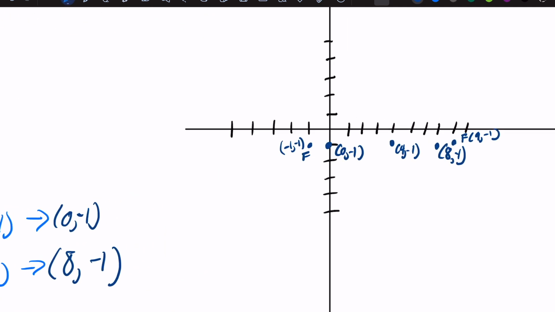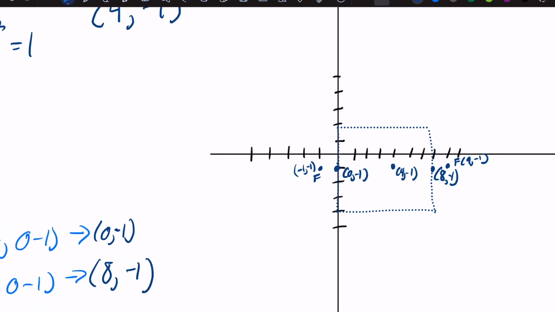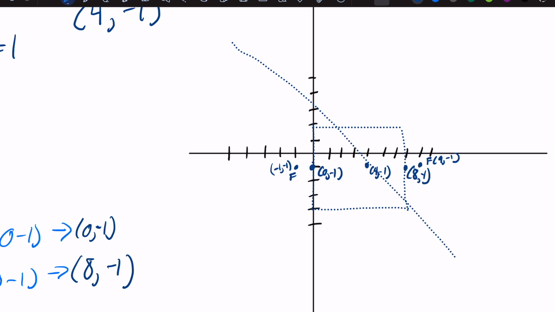So from our center, we go up and down by 3, so it'll be here to here, and then go all the way across. Then we go up, and we go here. And here we have our box roughly, and then we connect these diagonals as best we can.